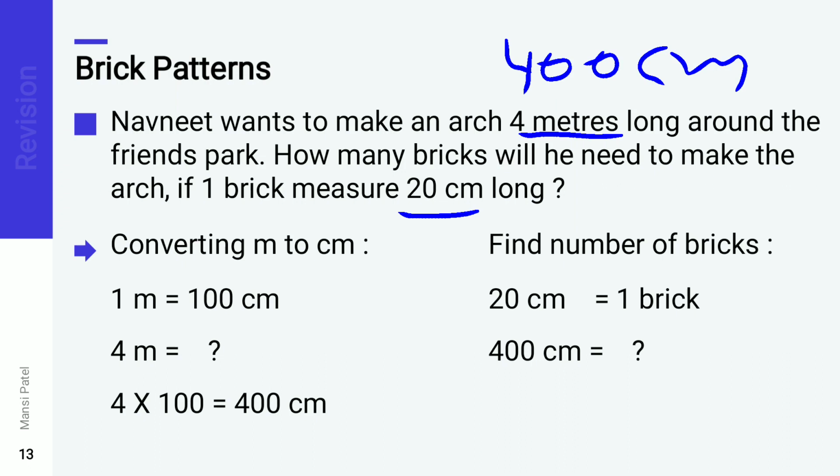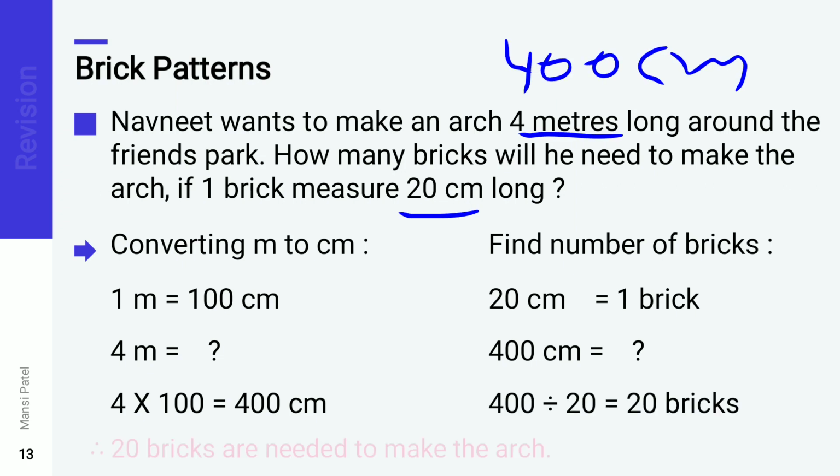And 20 is the remaining. So this 20 we have to write in the division. So 400 divided by 20 is equal to how many bricks? 20 bricks are there. Therefore, we can say that 20 bricks are needed to make the arc of 4 meter long.